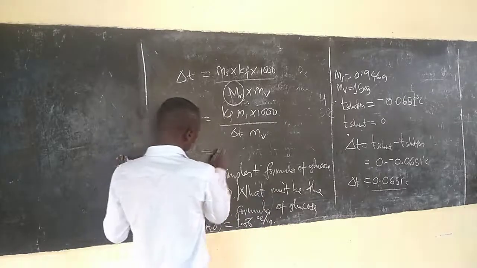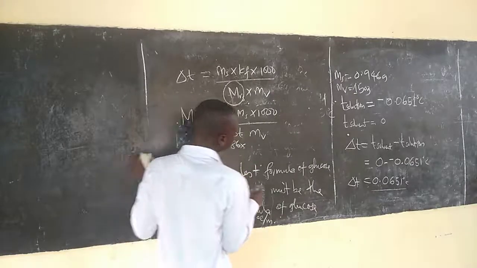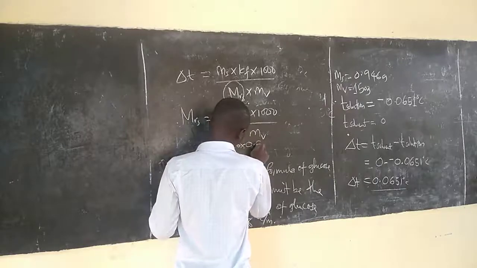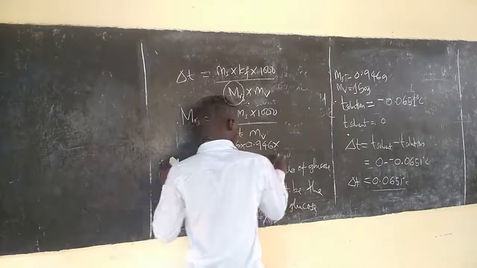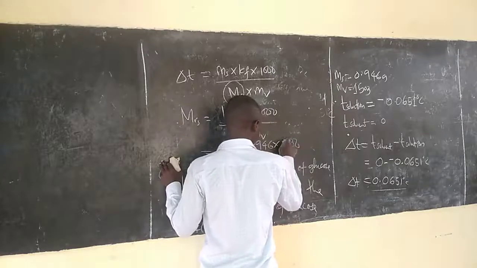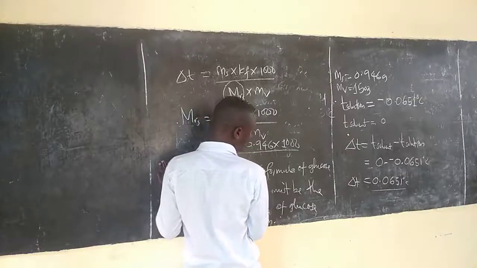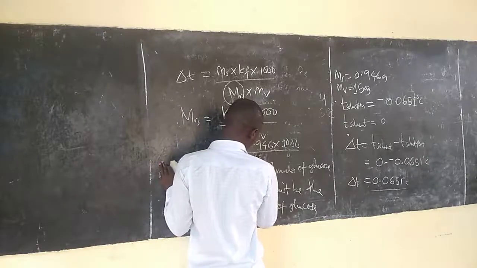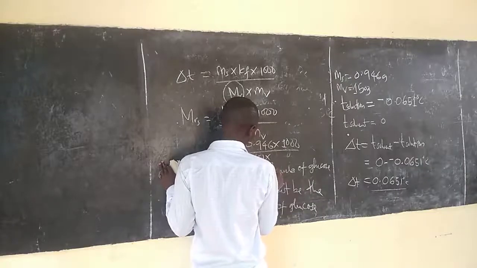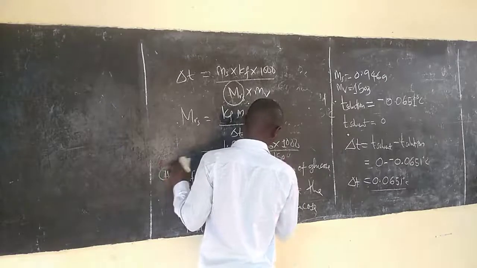We just insert 1.86 times mass of solute 0.946 times 1000, divided by change in T which is 0.0651 times mass of solvent 150.